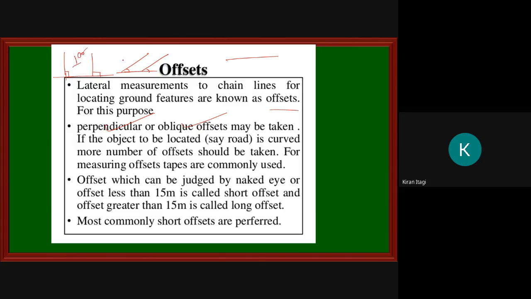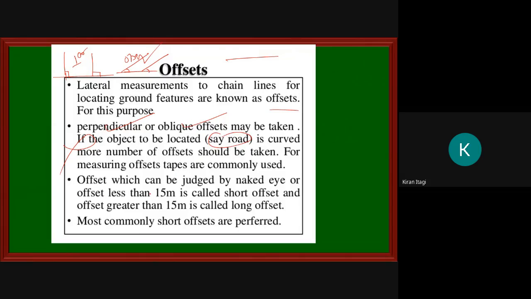This is the perpendicular, this is the oblique. If the object to be located, say a road, is curved, more offsets may be taken. Don't get into this point, just remember what I have said.